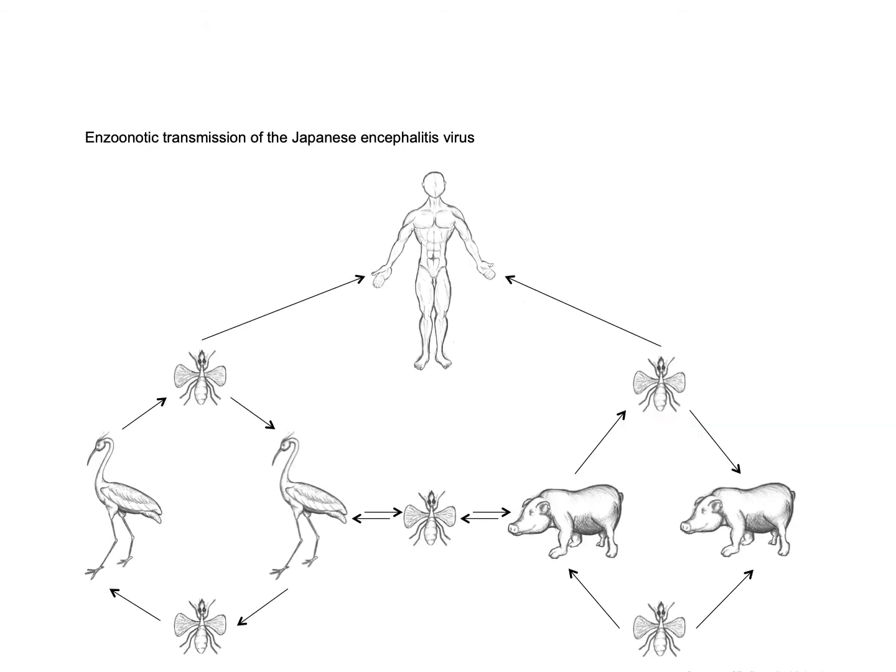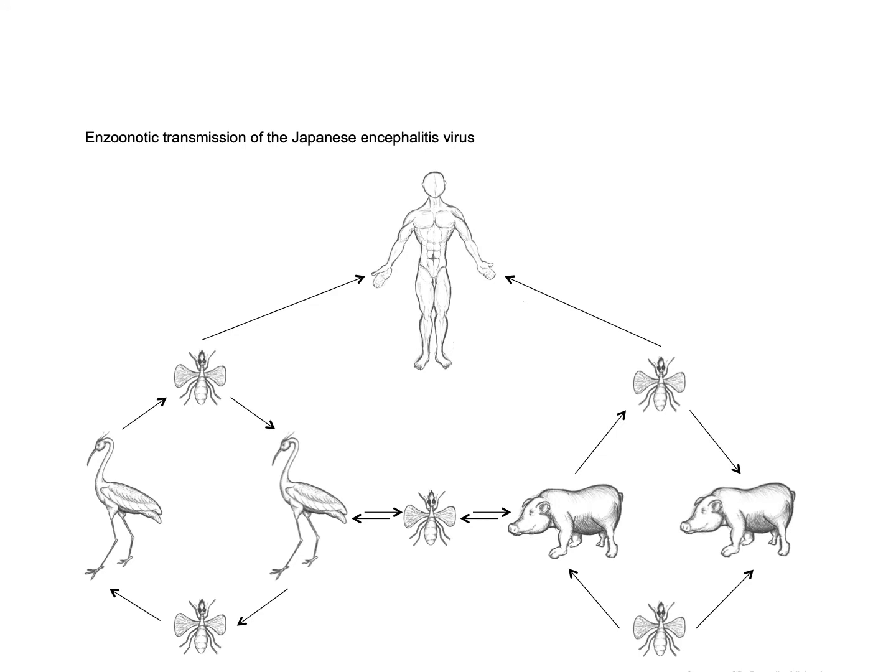And one illustrative example of this is the zoonotic transmission of the Japanese encephalitis virus. So this is a virus which infects mosquitoes. Mosquitoes then infect pigs. And pigs, because they have a lot of virus, a high level of viremia for a long period of time, act as an amplification reservoir, providing an opportunity for multiple mosquitoes to bite them during that period and become infected.